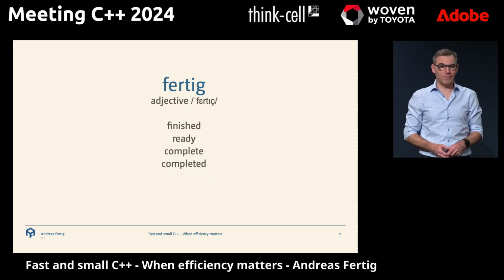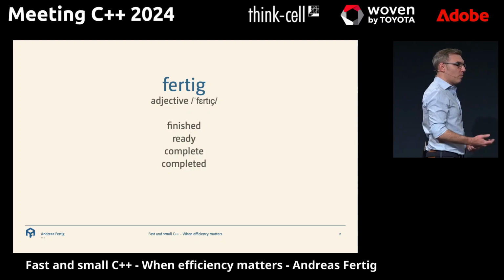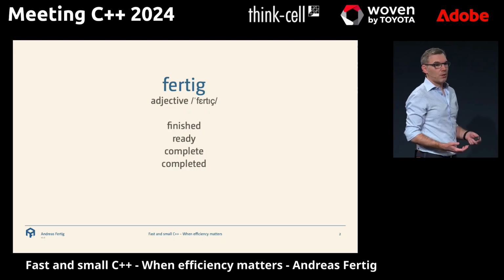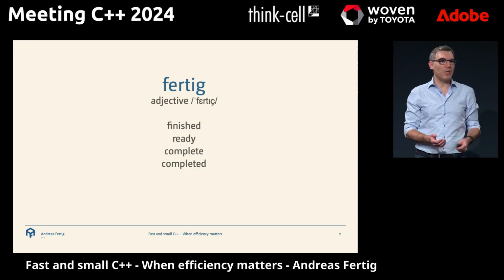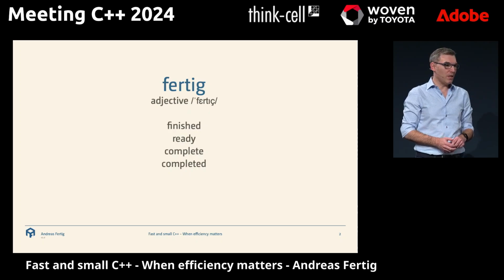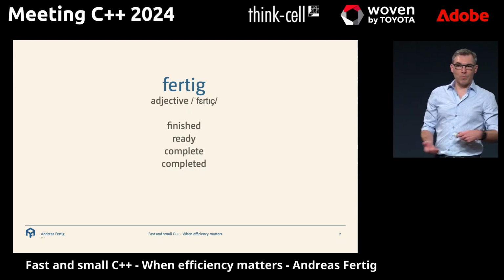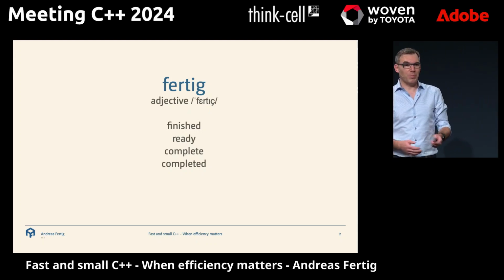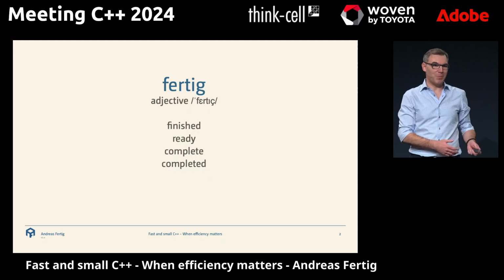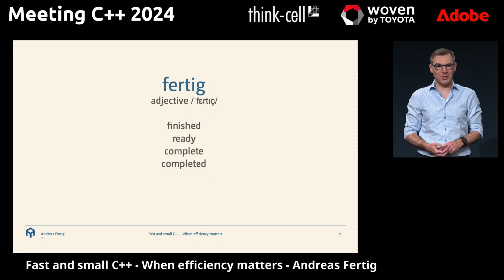But it's an adjective in German, and you can translate it to finished, ready, complete, or completed. So it's a very nice meaning. It's a little context dependent what you really mean. So is your project ready or is your project finished? The one could imply that you're ready to start. The other implies that you've already finished it. And so you can play a lot of tricks with the name.